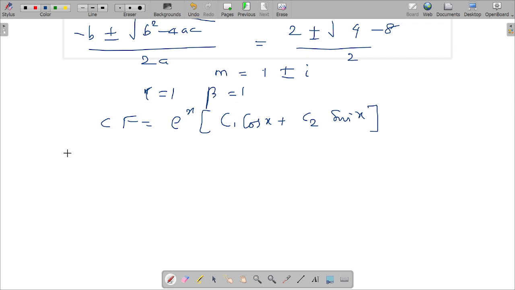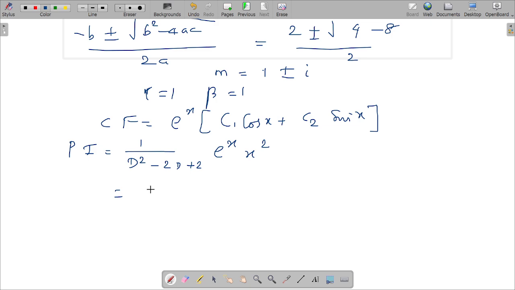That is the complementary function. Then come to the particular integral. The particular integral equals 1 by D square minus 2D plus 2 into e power x into x square.